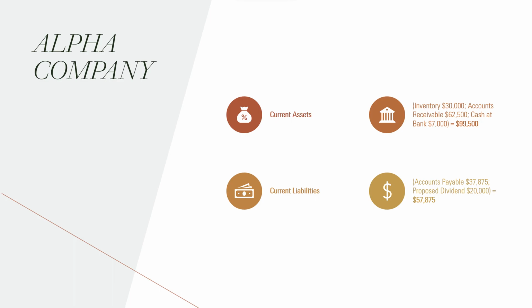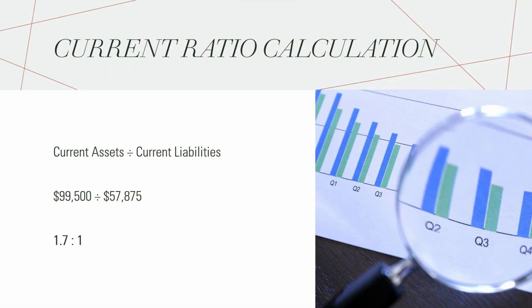So watch carefully. First, we calculate the current ratio. That is simply the ratio of current assets to current liabilities. In the case of Alpha Company, the current assets are $99,500, while the current liabilities are $57,875.